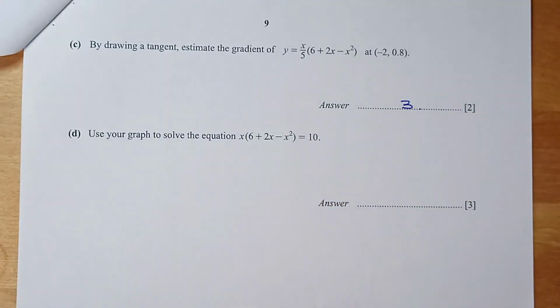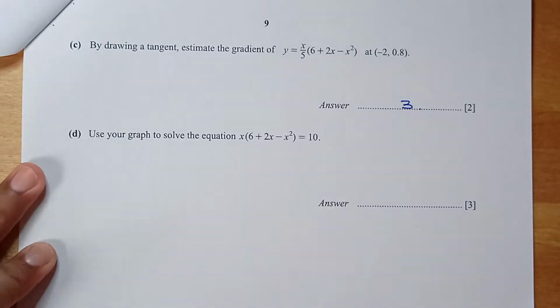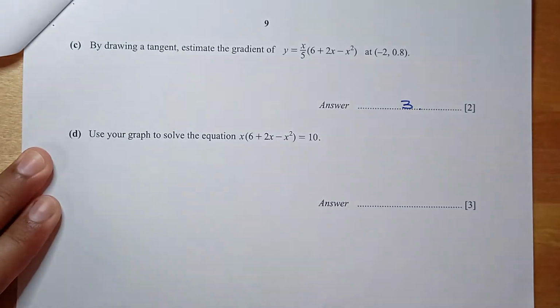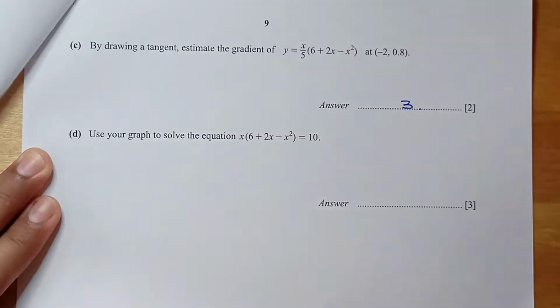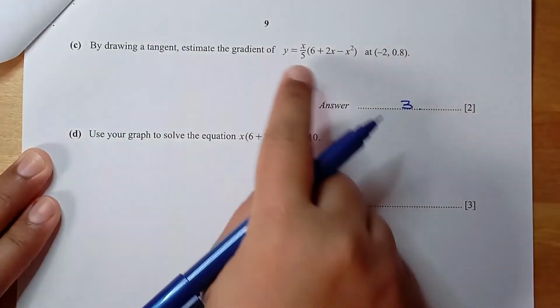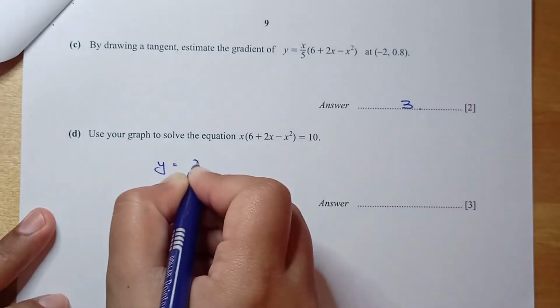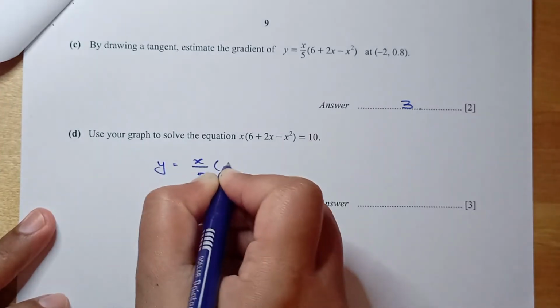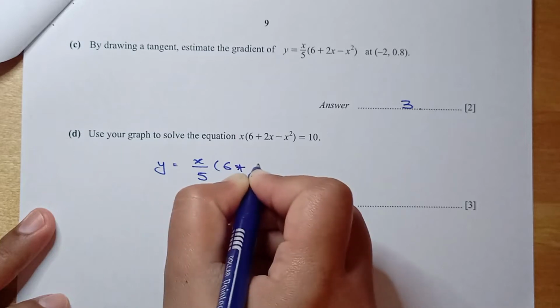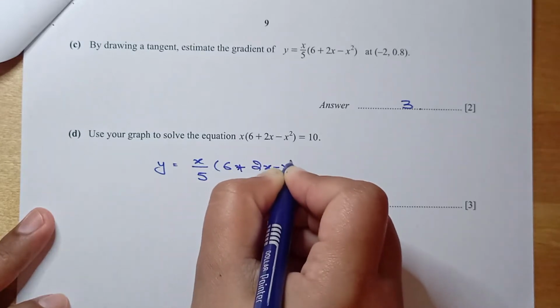And now use your graph to solve the equation. Okay, so we need to solve this equation by using the graph. First I would like to write down the original equation. That is the original equation, yes. So y equals x by 5 into 6 plus 2x minus x squared.